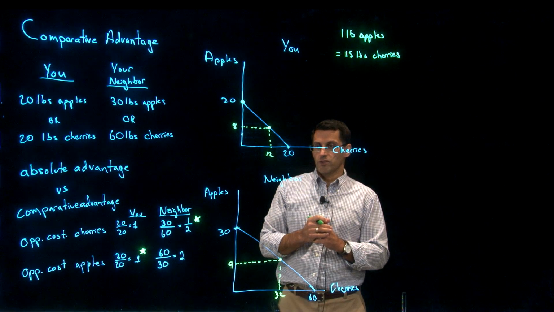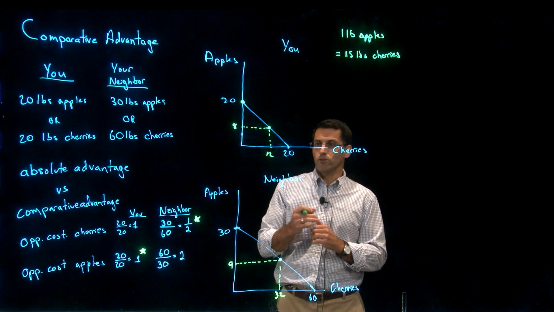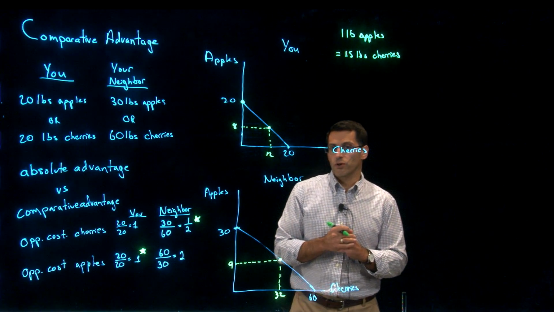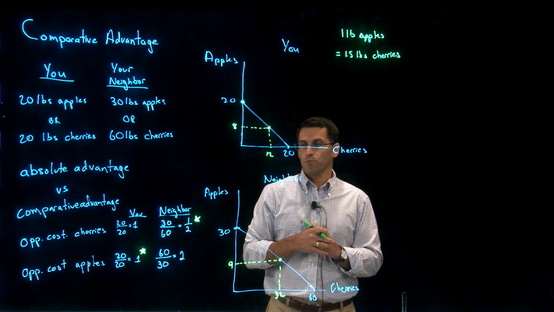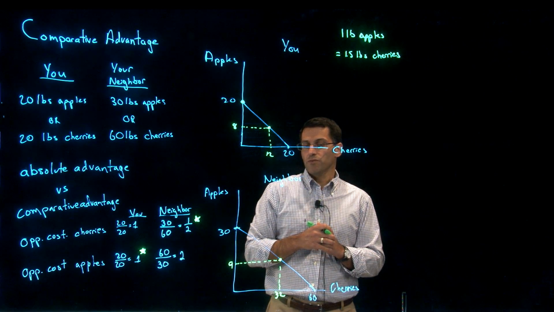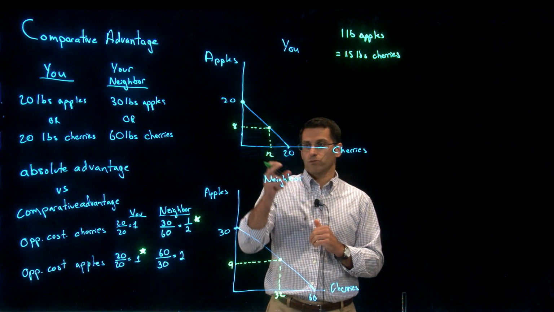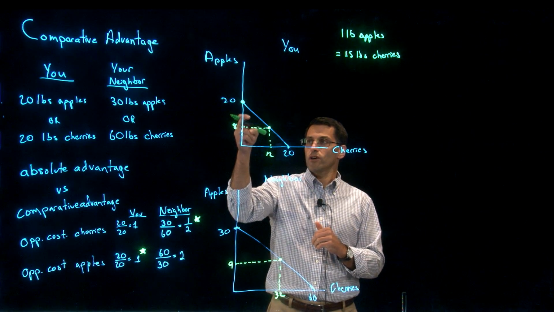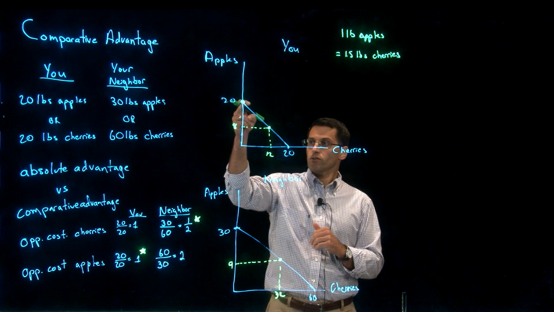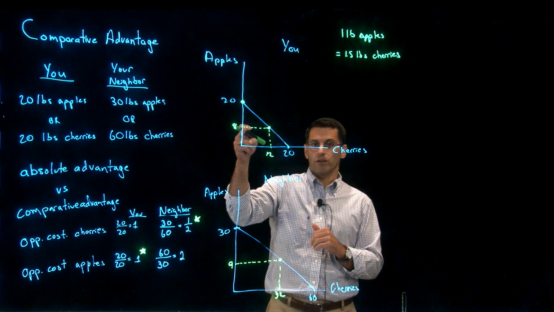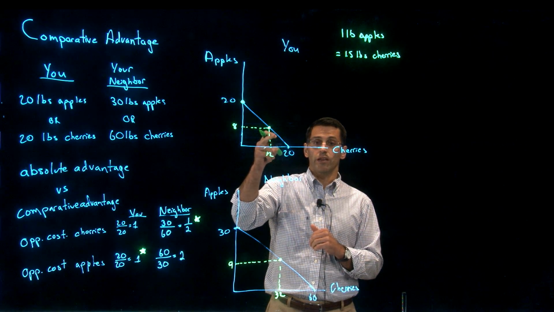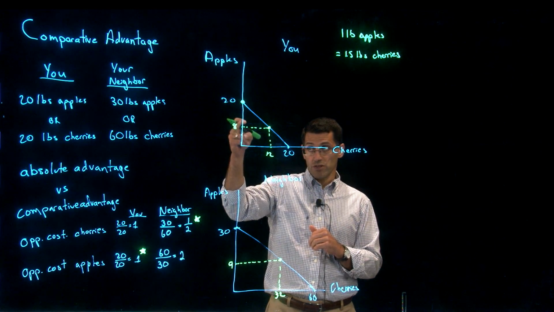If that's the case, then, well, what can you do? Well, you can start trading, right? I've got 20 pounds of apples. Well, what if I wanted to keep consuming, say, 8 pounds of apples? So if I trade 12 pounds of my apples away, what am I going to get? Well, each one of these 12 pounds, right?